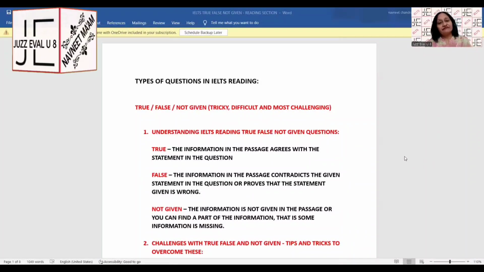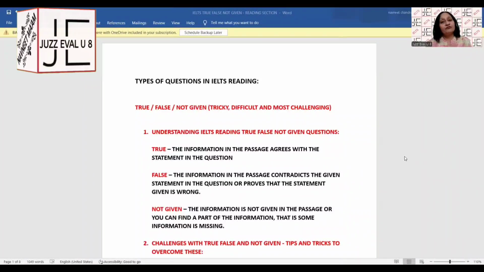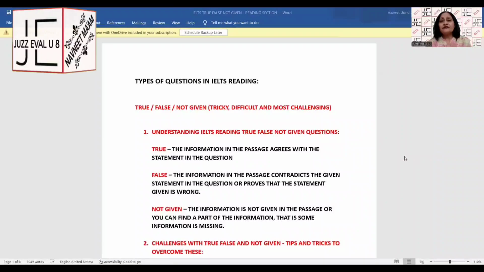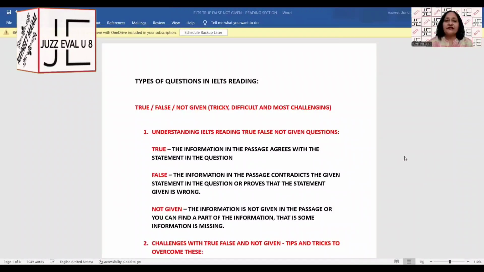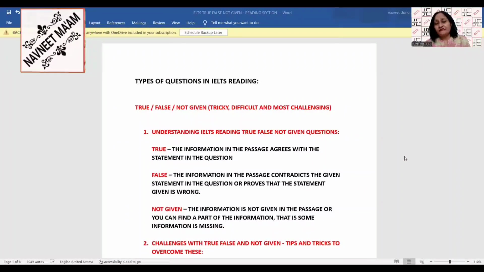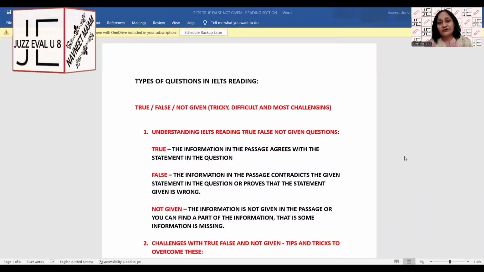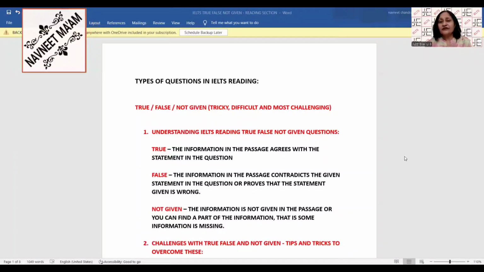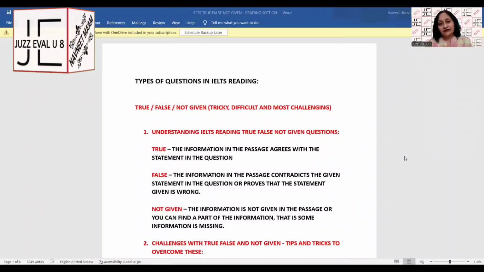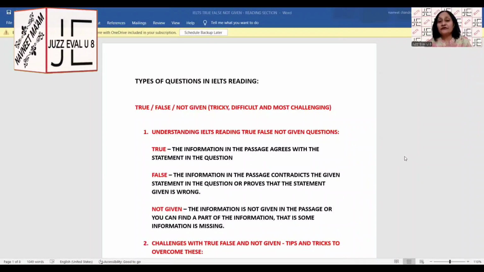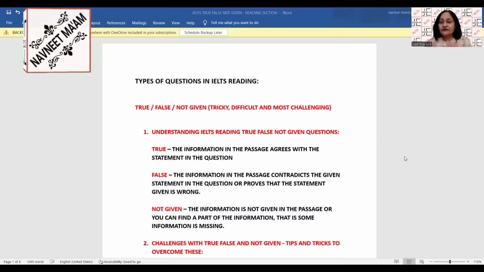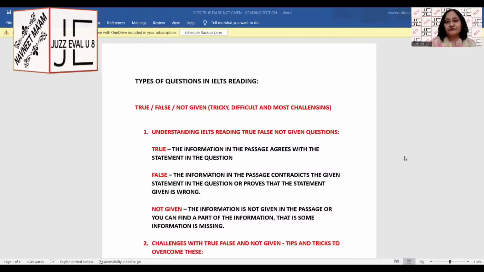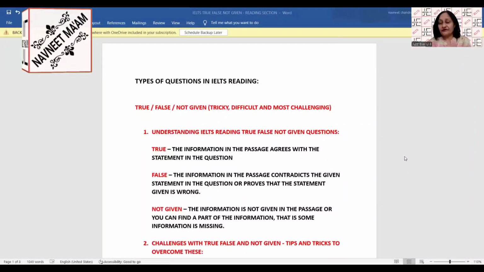But if the meaning of both is contradictory or wrong, for example, I say I have 9 pence, but in the question it's written I have 6 pence. So obviously it is wrong because here we're talking about 9, here we're talking about 6. So it will be false. Information given is false, that is, it is wrong or contradictory.